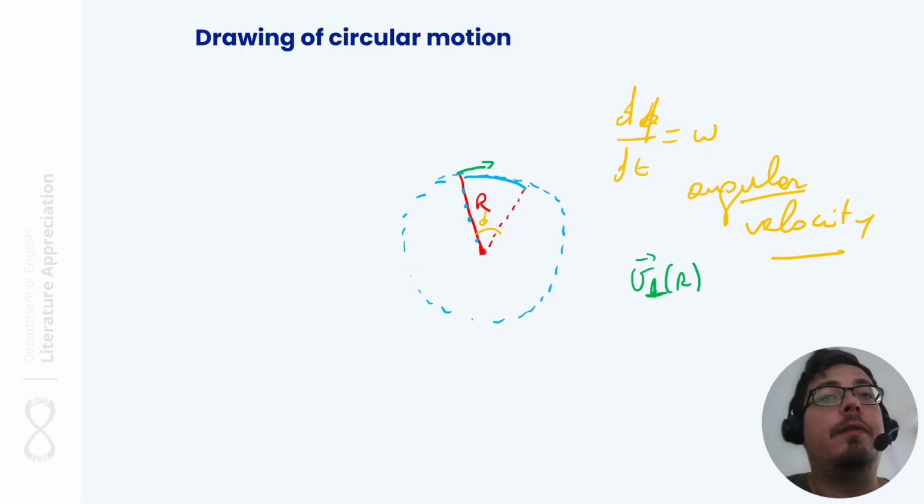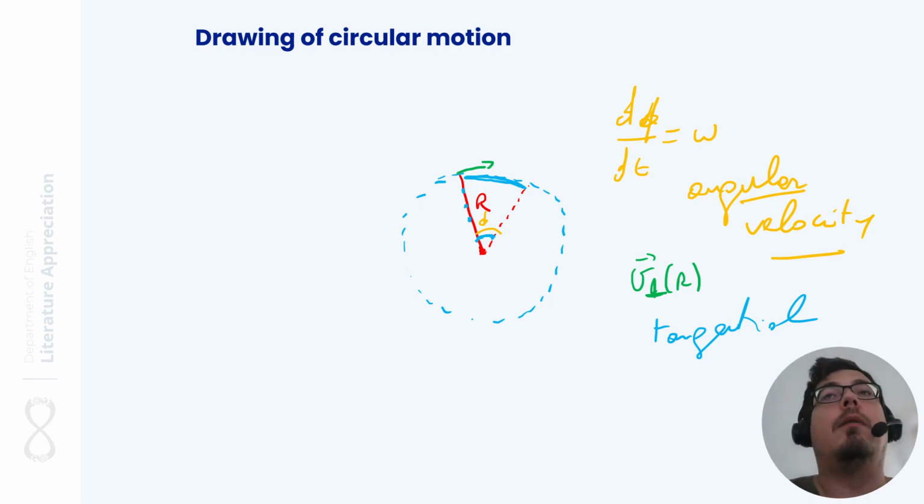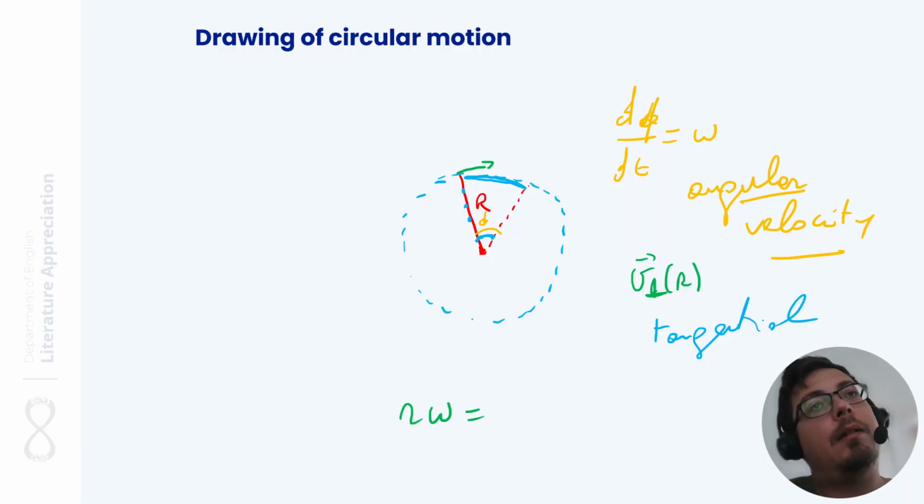Because of course, if you are very close to the center, in the same time that the radius goes from point 1 to point 2, you will have traveled a different length. Okay, so the tangential velocity is different depending on r, and there is a nice relation between the two, which is omega r is v tangential.